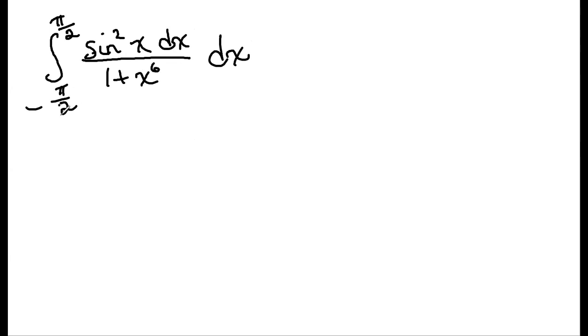So since the range looks like it's from negative a to a, it's time to consider checking if it's odd or even. Now, in this case, I don't have the graph. I could go to Desmos and graph it and see if it looks odd or even.